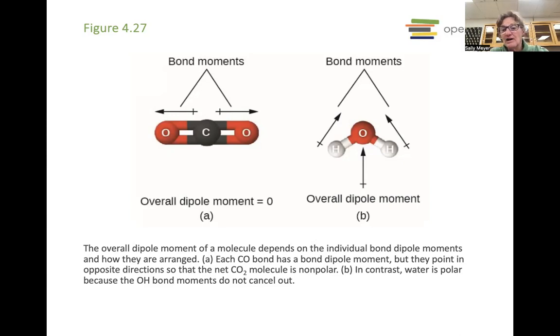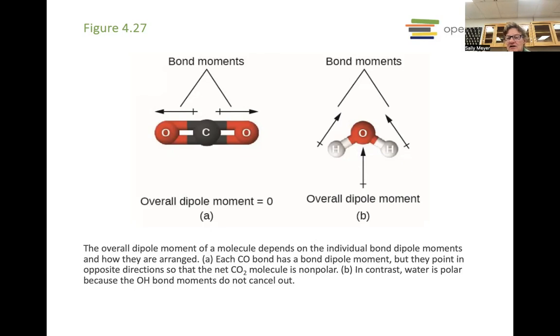But when you look at water, it's very different because of its geometry. Remember, water is bent because that oxygen has two lone pairs on it. So the angle should be something close to 109.5. It's a little bit less. Because it's bent, the vectors are the same length, but they're not pulling opposite each other, so they don't cancel.